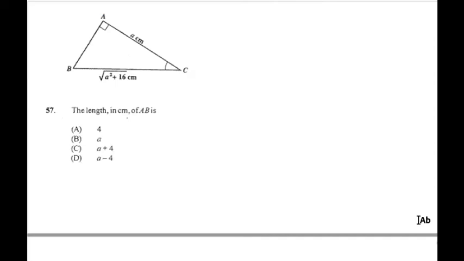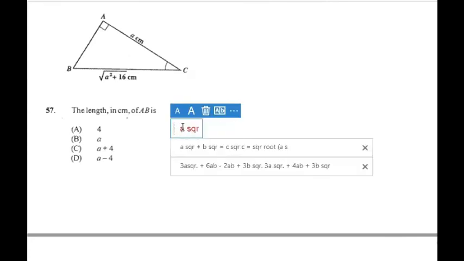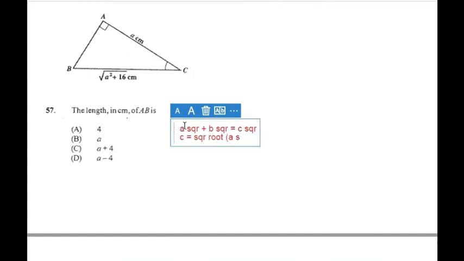So 57, the length in centimeters of AB is. The Pythagorean theorem tells us that the relationship in every right angle triangle is a squared plus b squared equals c squared. So we're making c the subject of the formula. So c is equal to the square root of a squared plus b squared, and this is what is shown as the hypotenuse.